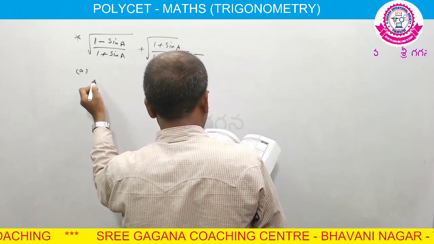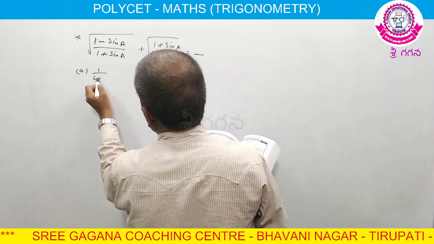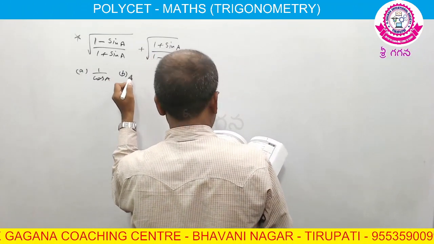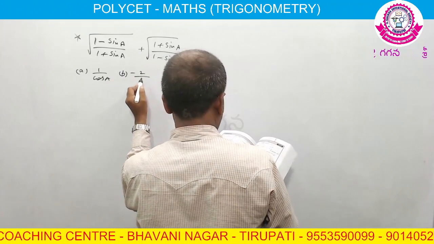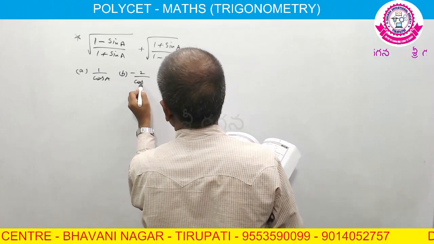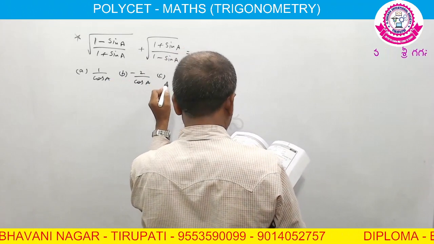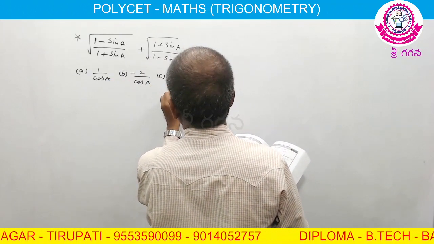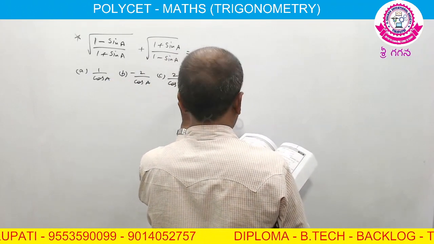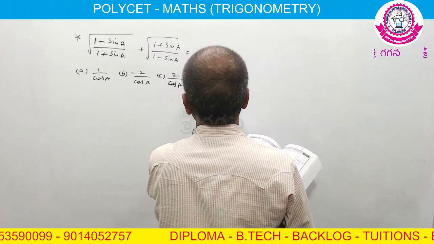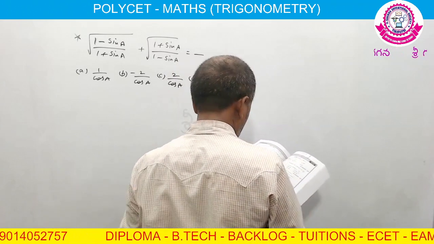Option A, 1 by cos a. Option B, minus 2 by cos a. Option C, 2 by cos a. Option D, minus 1 by cos a.